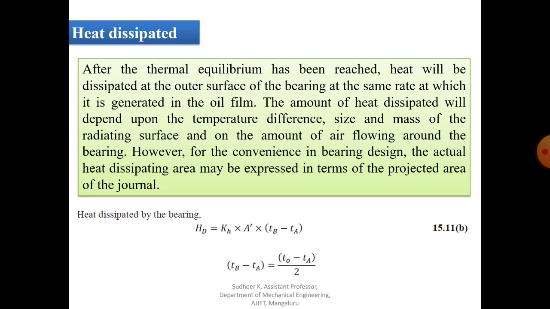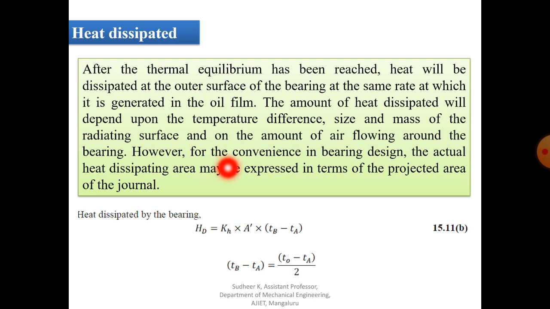Now heat dissipation. Whatever the mode of heat transfer, after thermal equilibrium has been reached, heat will be dissipated at the outer surface of the bearing at the same rate at which it is generated in the oil film. The amount of heat dissipated will depend on temperature difference, size, mass of the radiating surface, and amount of air flowing around the bearing, nothing but natural convection.